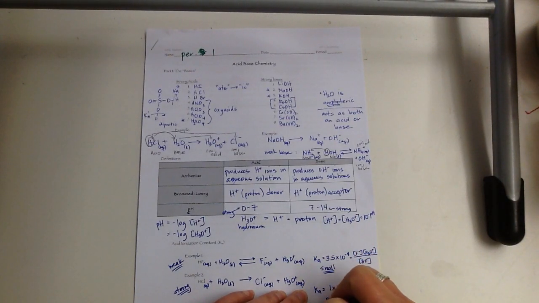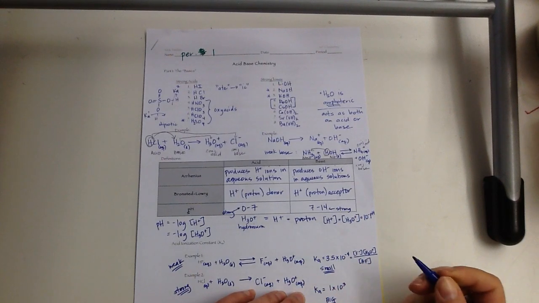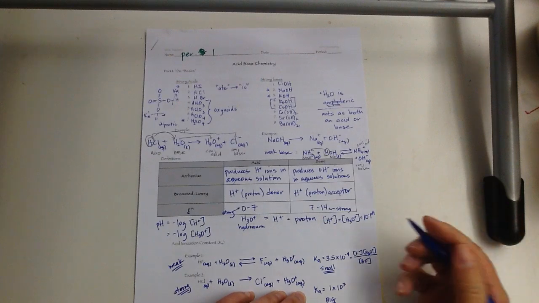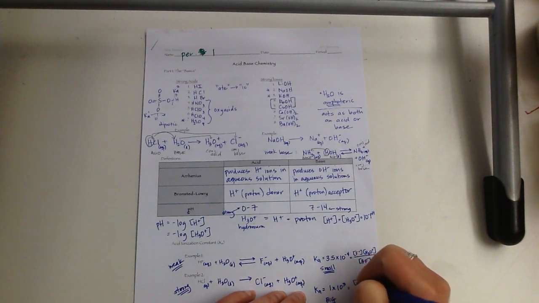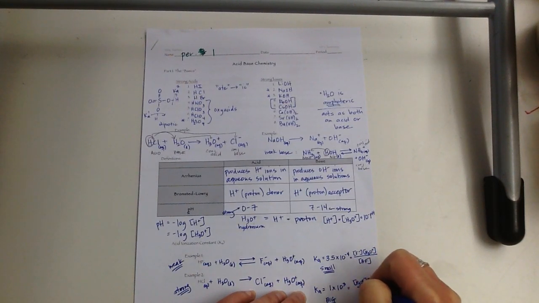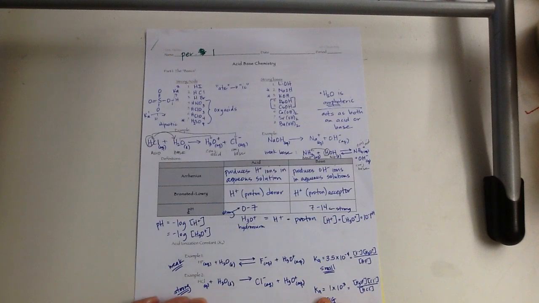It's really, really big. And so, you know, if this were a reversible reaction, I could write the Ka expression as being H3O plus times chloride ion over HCl. But really, it's shifted so far to the right. If this were at equilibrium, then I could write this Ka expression.